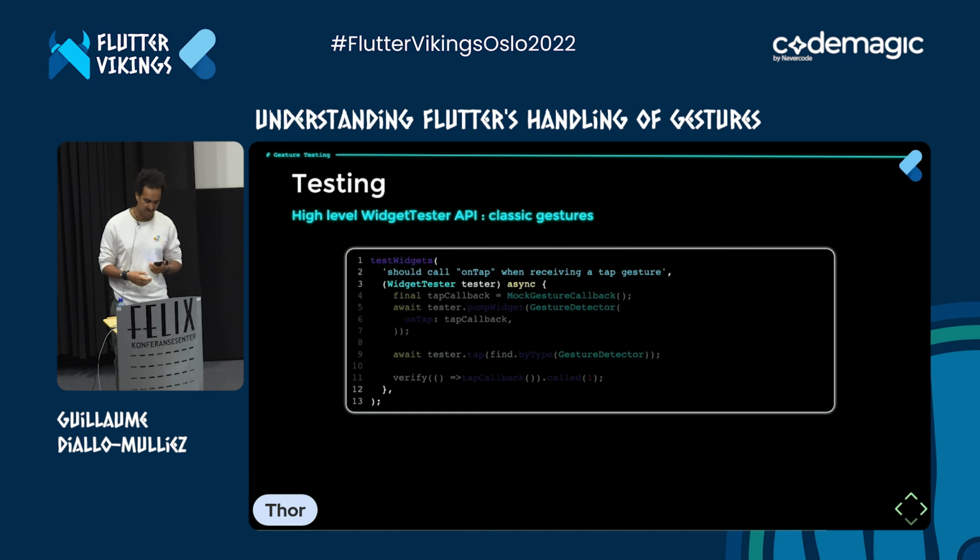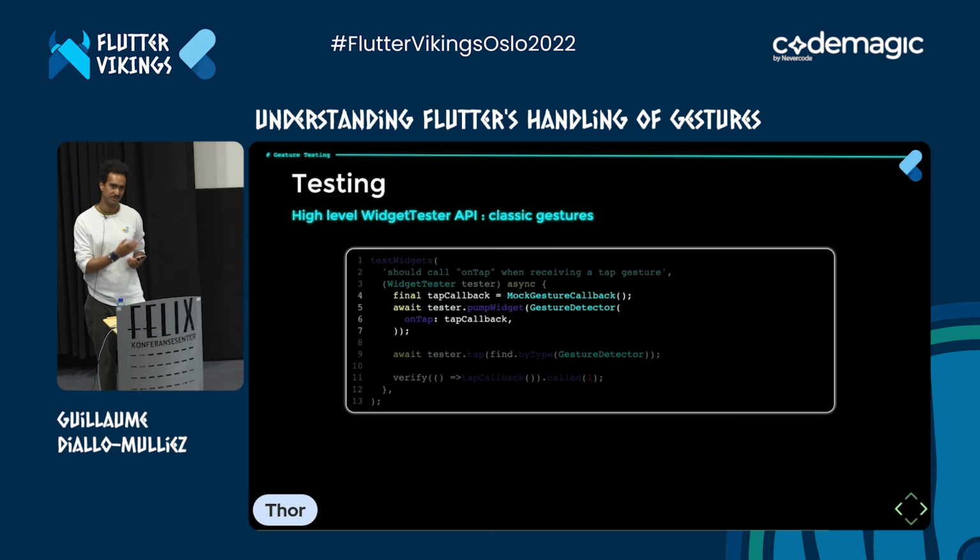If you need to test a tap gesture, to make it quite simple, you can pump any widget. Here I directly use the gesture detector, but any implementation of a widget that you have implemented and want to test, you just pump it, pass it a callback on the gesture you need to detect, in this case the tap.